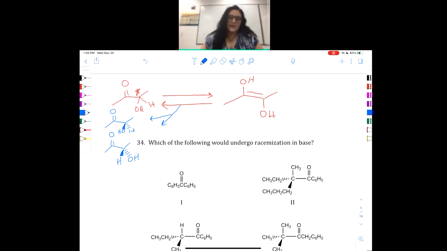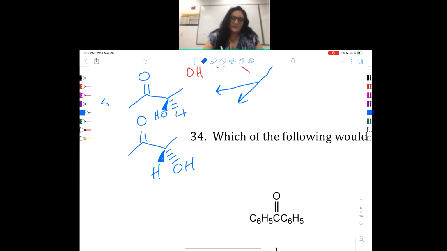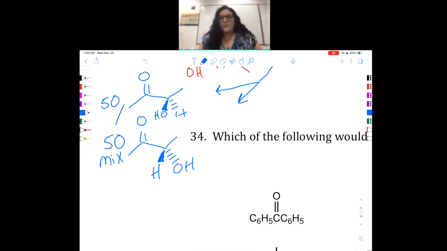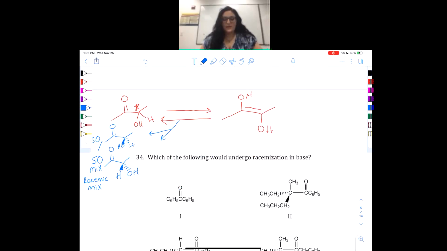Therefore, you will get a 50-50 mix, which we like to call what? What kind of mixture? Yes, so we call this a racemic mix. So that's the basis of racemization.